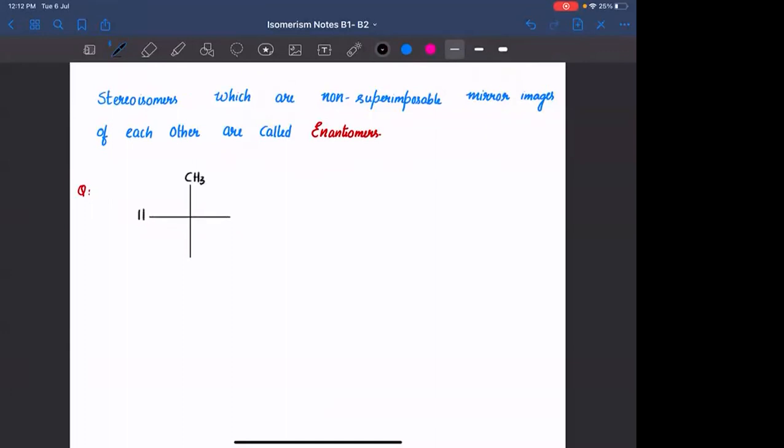CH3, hydrogen, OH, CHO. CHO, hydrogen, CH3, OH. Are these two mirror images of each other? मतलब are these two enantiomers or they represent the same molecule?